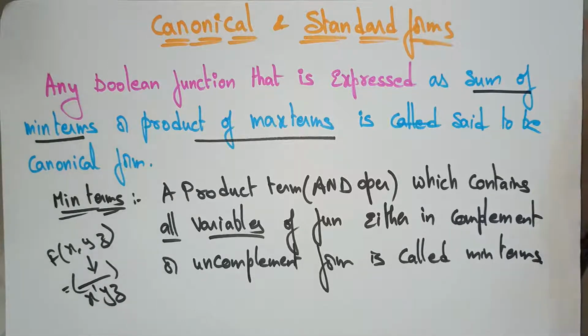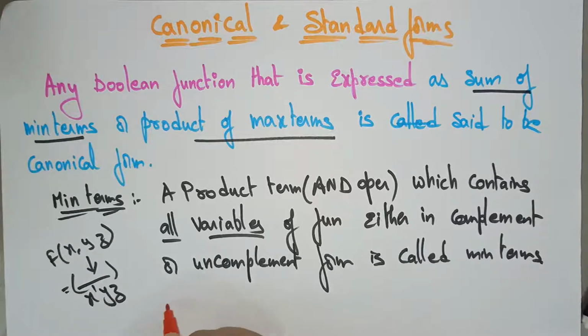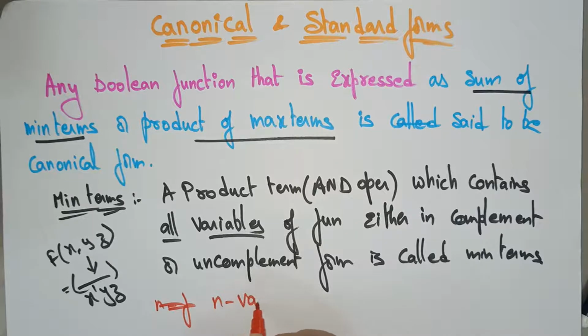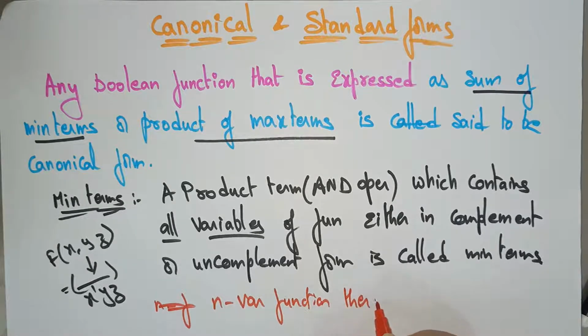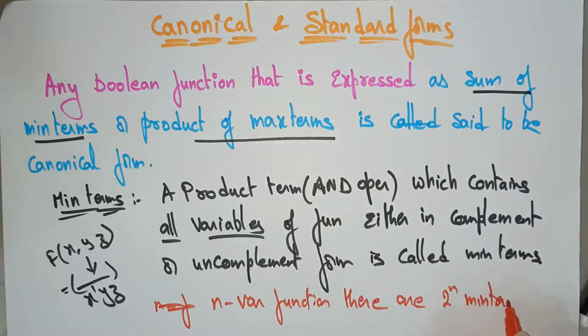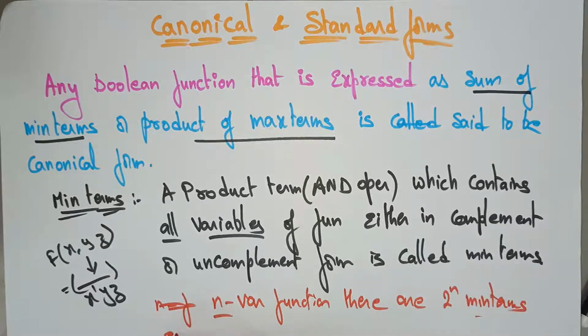Suppose an n variable function is there. There are 2 power n min terms. So for an n variable function there are 2 power n min terms. For example, let me take a 2 variable function. How many min terms are there?